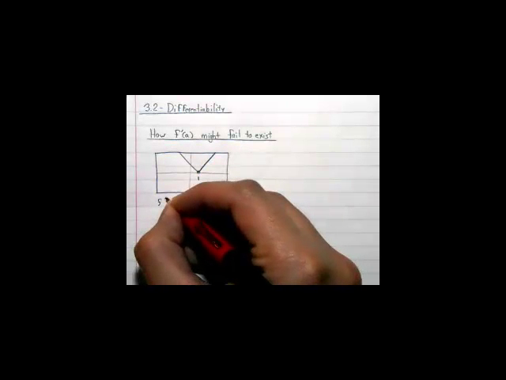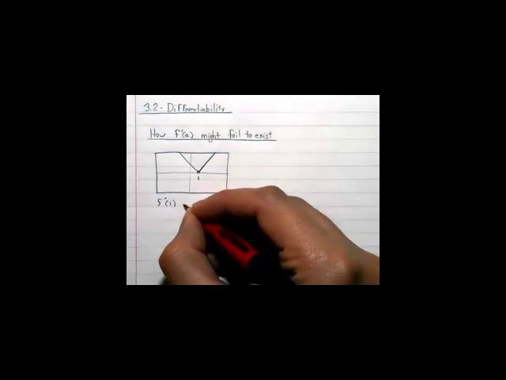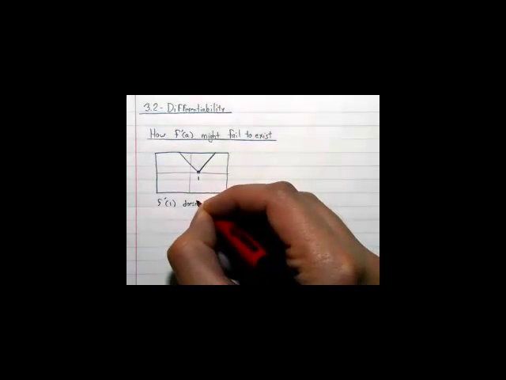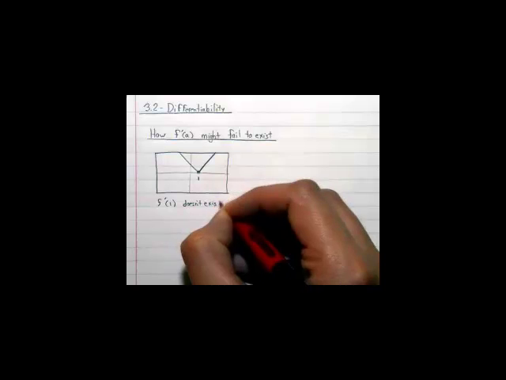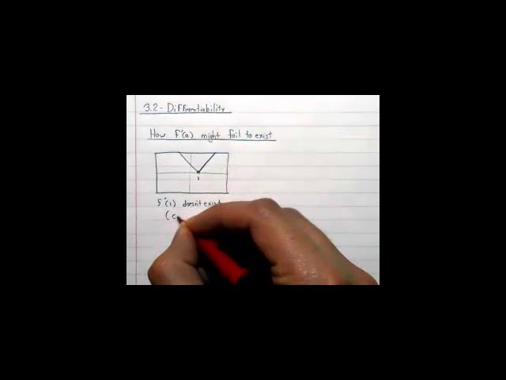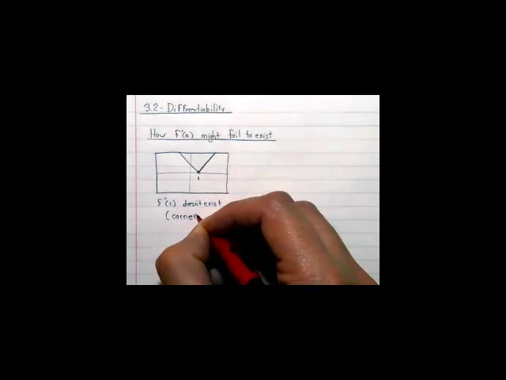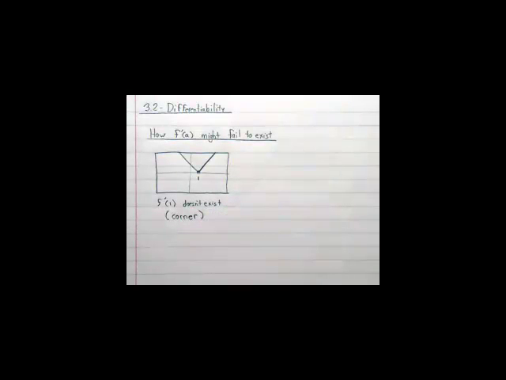So f prime of 1 doesn't exist because it's a corner there. Do you see how the slope from the left is obviously negative and the slope from the right is obviously positive? They're not going to be the same, so you can't have a derivative there. When those two slopes don't match, it always produces a corner like that.